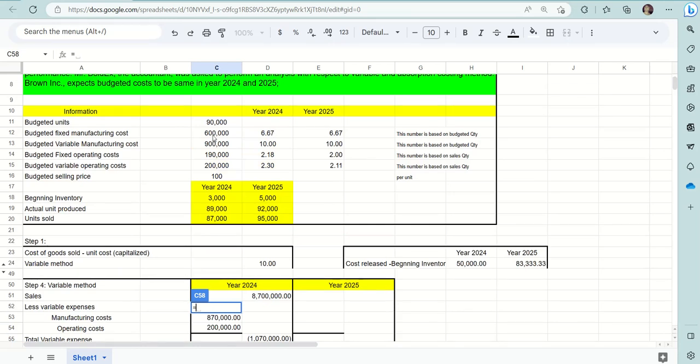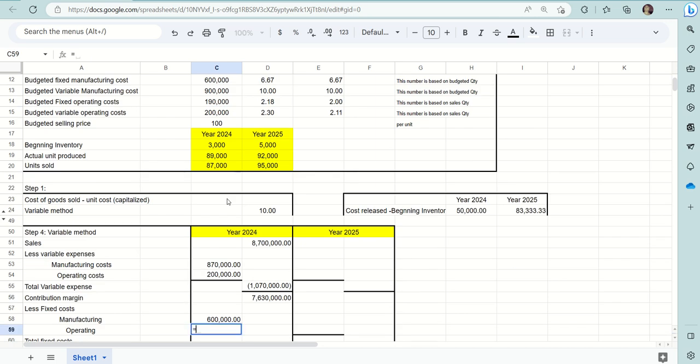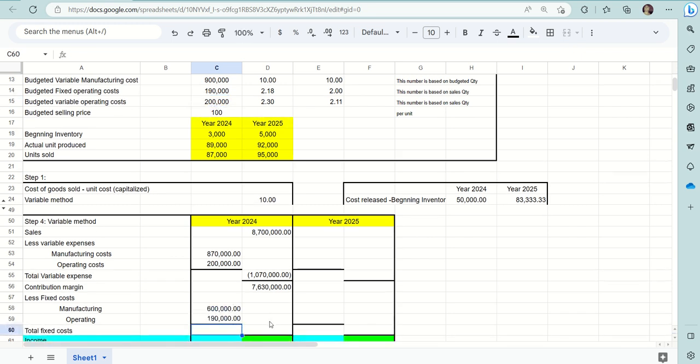The fixed cost is 600,000. We're going to put that in there. And the operating costs that we have is right here, which is the 190,000. We're going to sum this up.